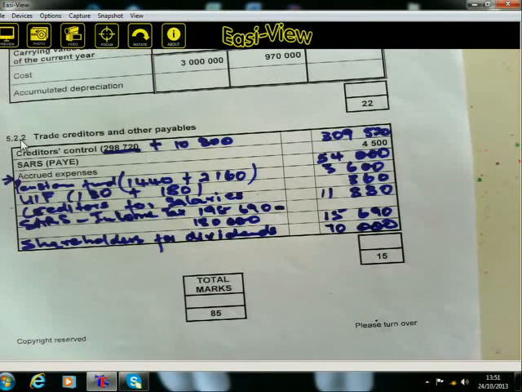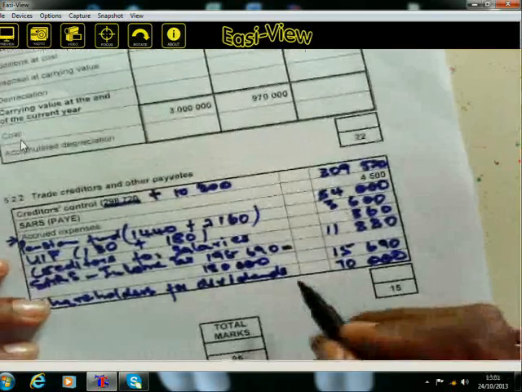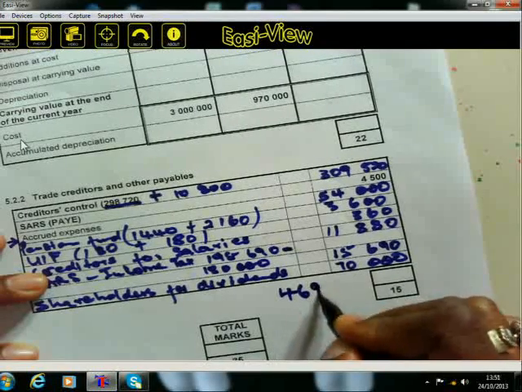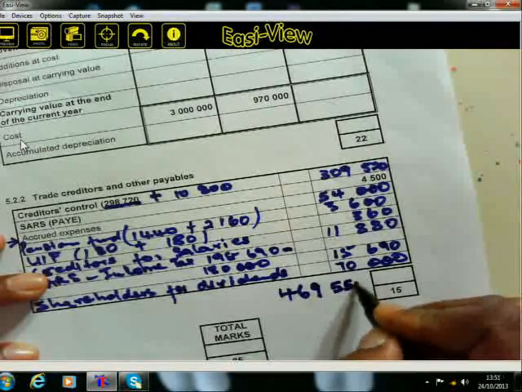So when we add all together, we find now that the total amount we get here is 469,550.